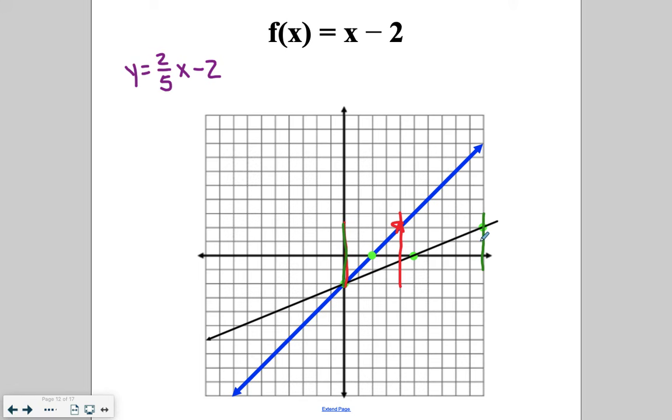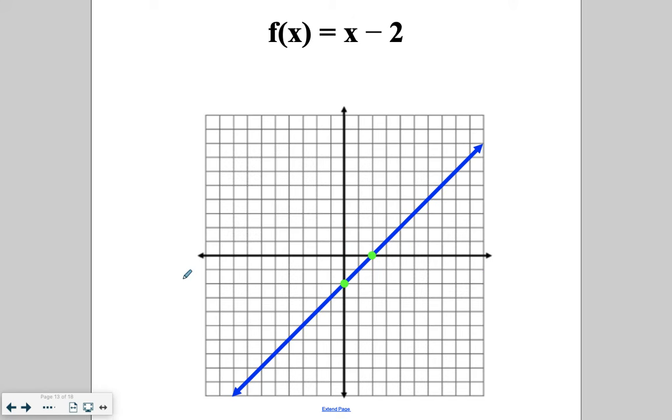So that's why it's a horizontal stretch as you vertically compress a graph. Think about if you push down, stuff doesn't go away, it has to spread out left and right. So when you're pushing down and vertically compressing, that means you are stretching horizontally.